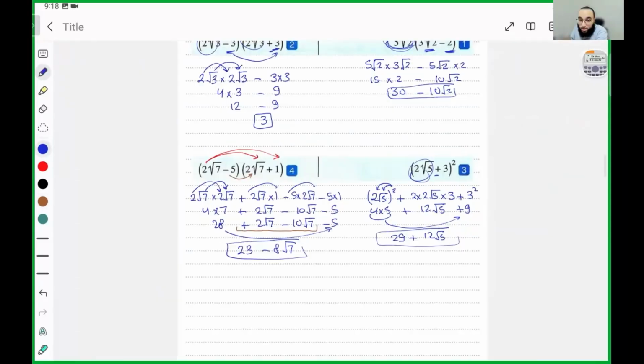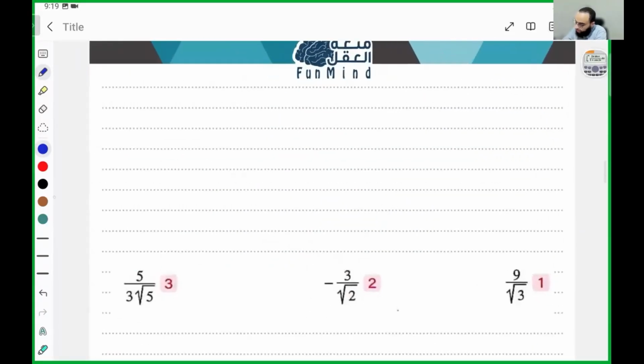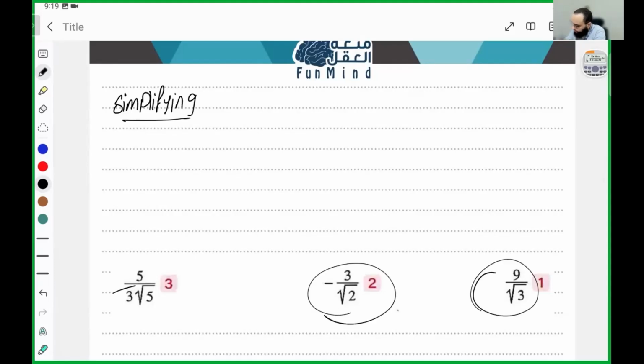That's it. Okay. Right now, we're starting to talk about simplifying. If you have a fraction like that, the problem in this fraction is its denominator. If the denominator is Q dash, an irrational number, this is a problem.